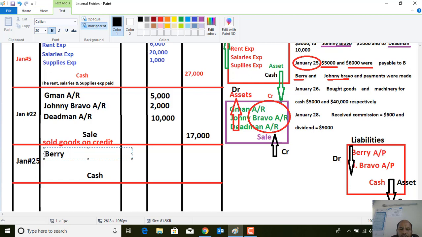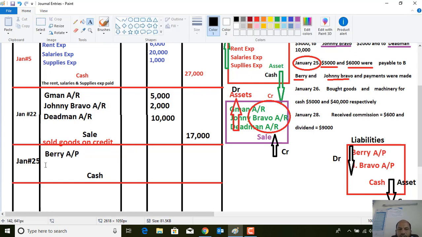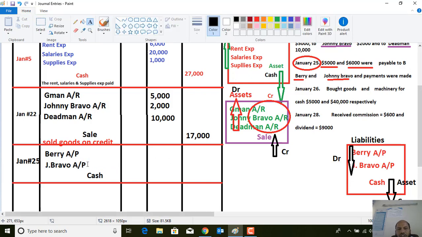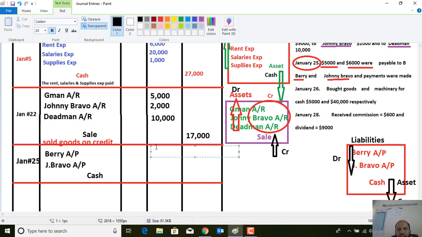So the company paid to Beery's accounts payable, and also the company paid to Unibrav's accounts payable. So dear students, a decrease in liability should be debited. So we will record it at the debit side of the business, and that was equal to 5,000 rupees.